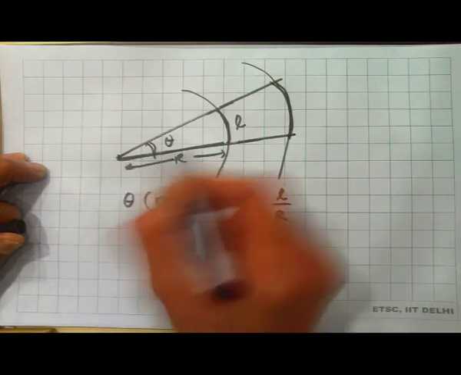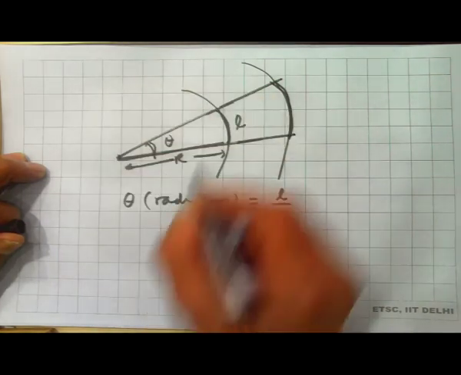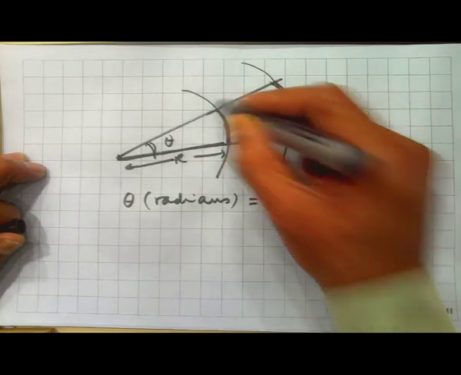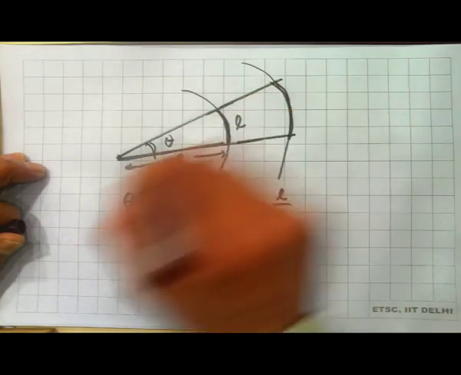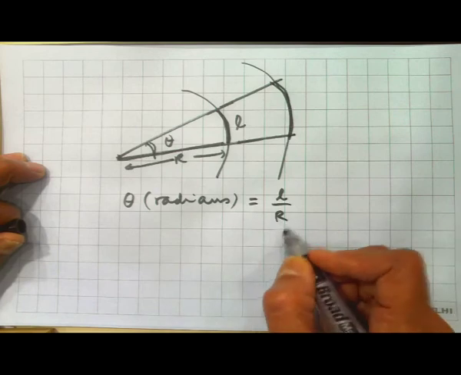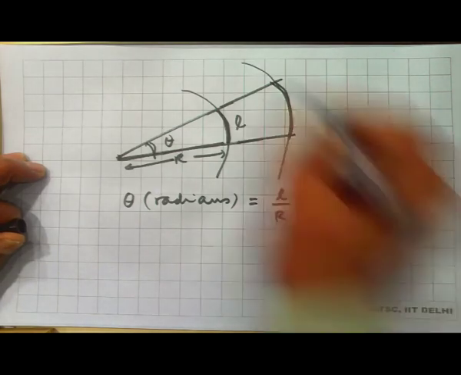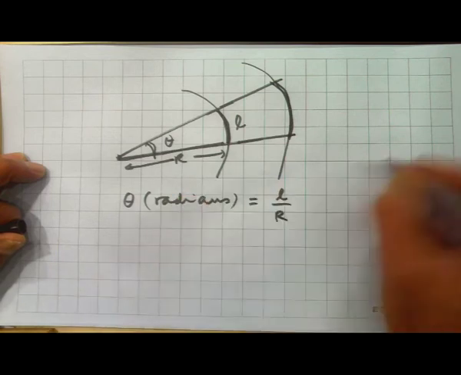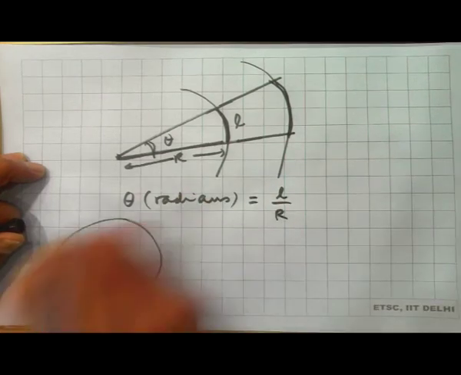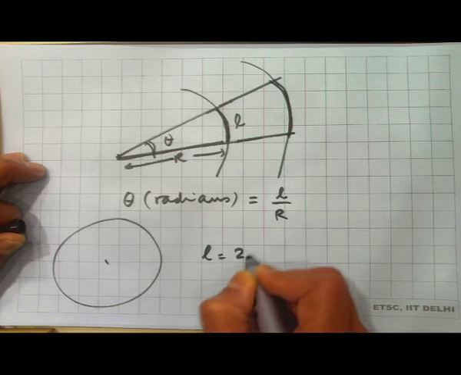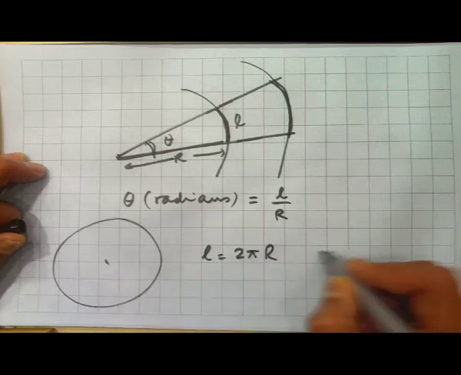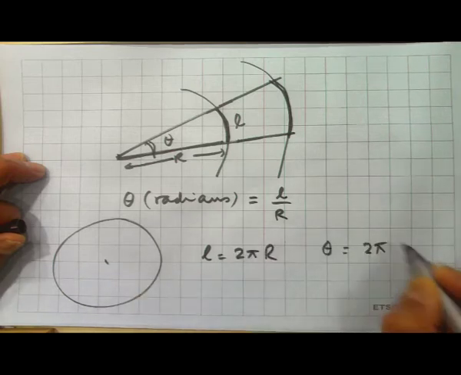So, around this point you draw a circle of radius r, calculate the arc length subtended, which is intersected by these lines, these chords, and from there you can calculate what is the angle in radians. If you take the entire circle, L becomes equal to 2 pi r and the entire angle is 2 pi, so 2 pi radians.